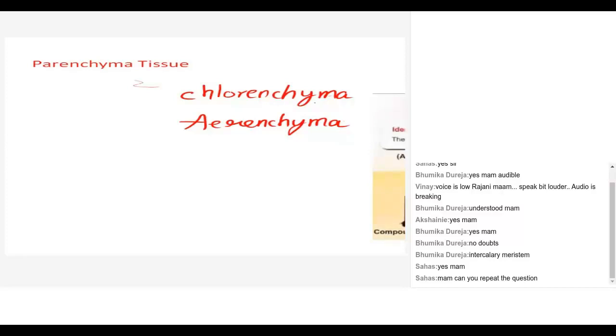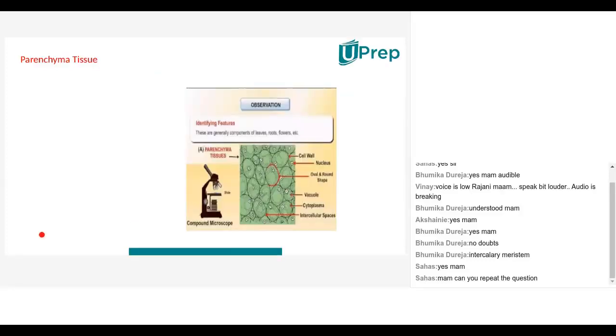Then aerenchyma. Aer here refers to air spaces. Means you will find this tissue in hydrophytes and in xerophytes. What are these hydrophytes and xerophytes? Anyone having any idea about hydrophytes and xerophytes?